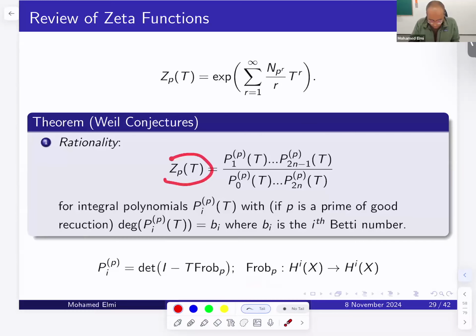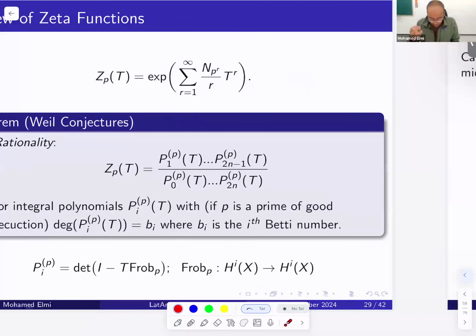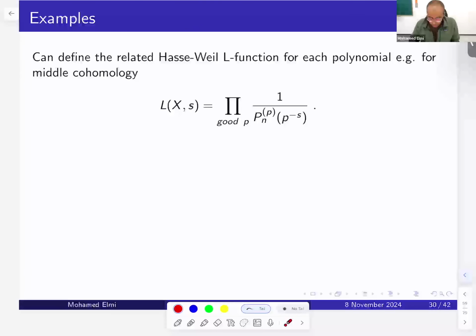And you have the zeta function for every prime. So this sum is over extensions of F_p. And you can define a global zeta function for each of these polynomials. So you just multiply them over all the good primes.